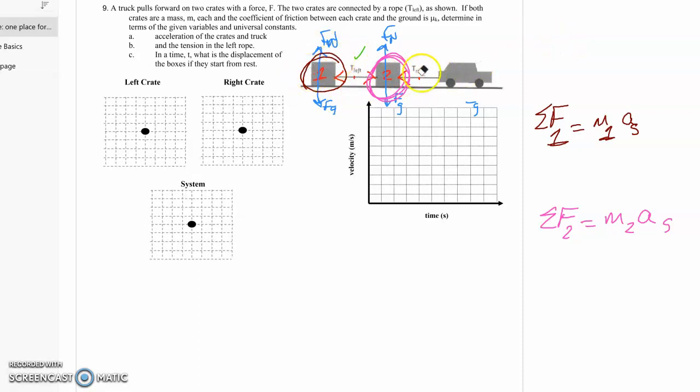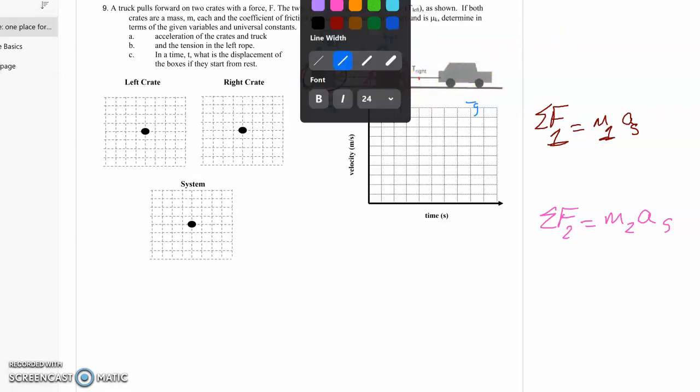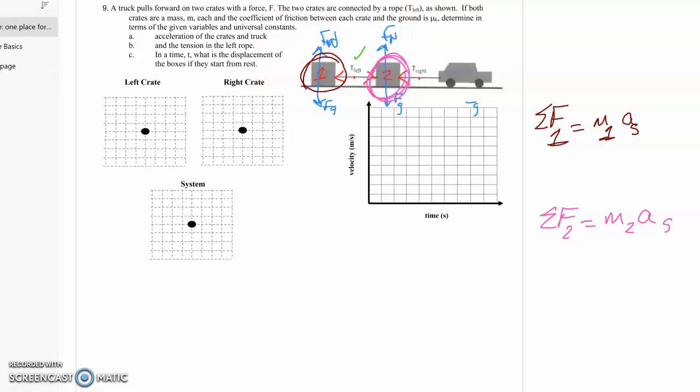We could sum on them individually, or we could sum on them as a unit, right? So if I did this, then the sum of all the forces on M1 plus M2 is going to equal M1 plus M2 times, again, the acceleration of the system.